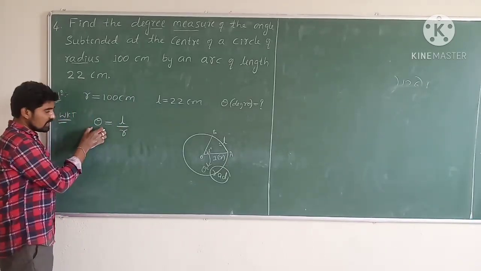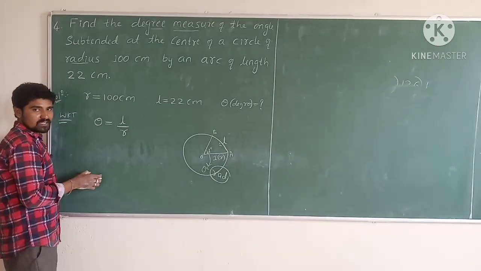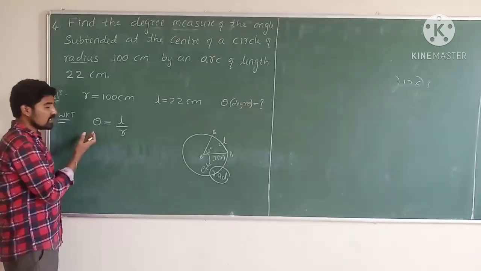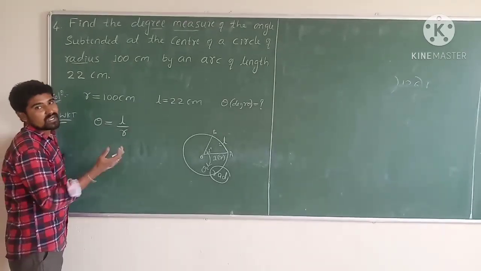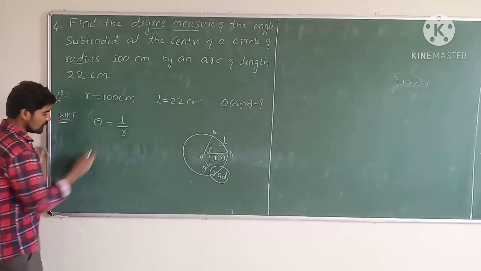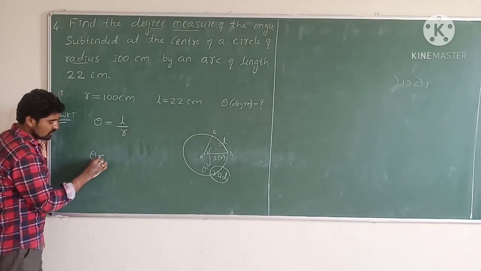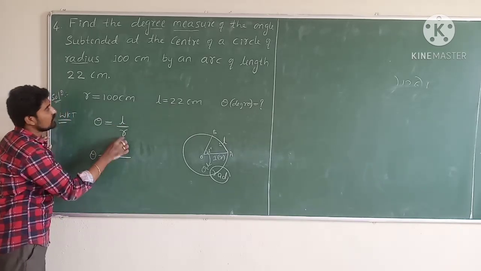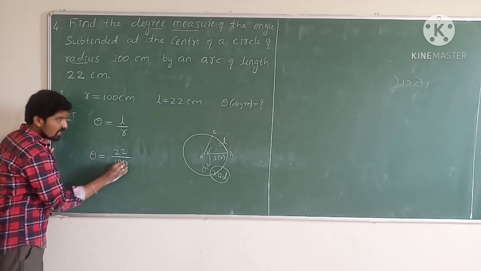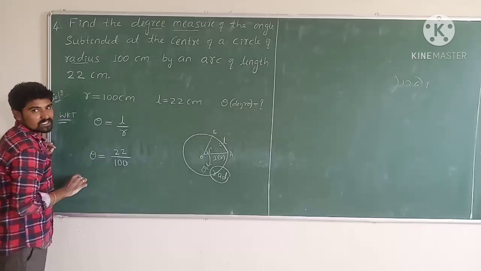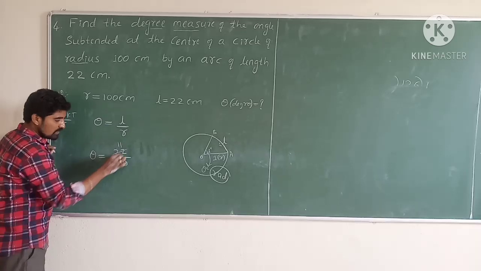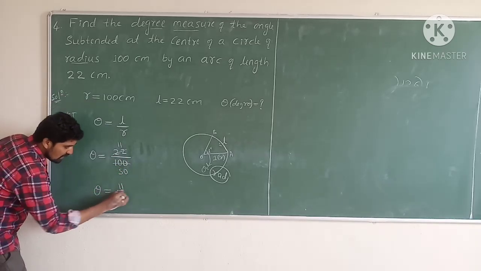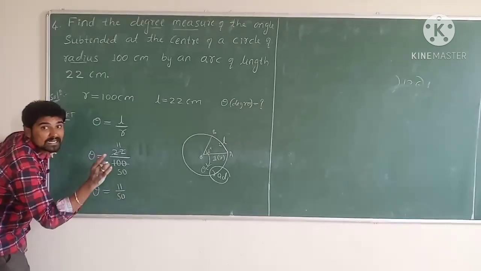So first we find the value of the angle in radian measure. We know how to convert radian measure to degree measure: by multiplying the angle by 180 divided by pi. So theta is equal to L, which is 22, divided by R, which is 100, and both are in the same unit, centimeters. Now 2 11s are 22, 50 2s are 100, therefore theta is equal to 11 by 50 radians.